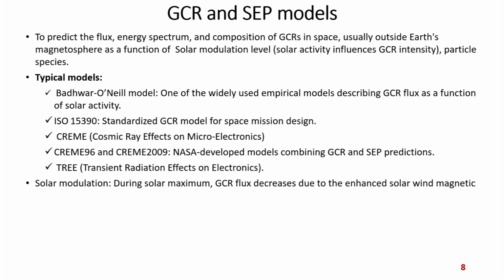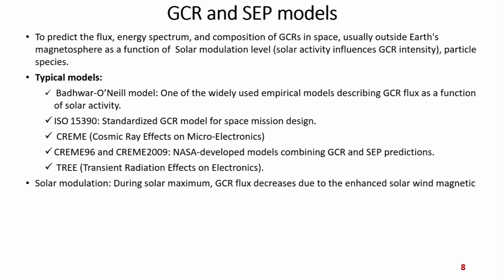Then there is the CREME model, which I already mentioned in the previous slides; CREME stands for cosmic ray effects on microelectronics, with versions like CREME96 and CREME2009. These are NASA-developed models which combine GCR as well as solar energetic particle predictions. The other model is TREE, which means transient radiation effects on electronics.